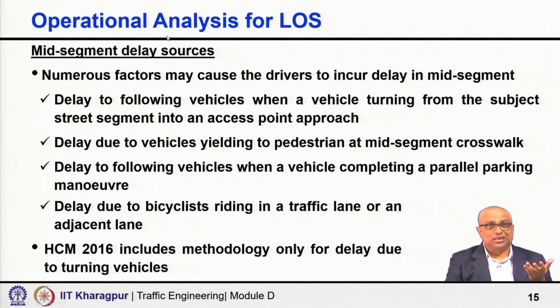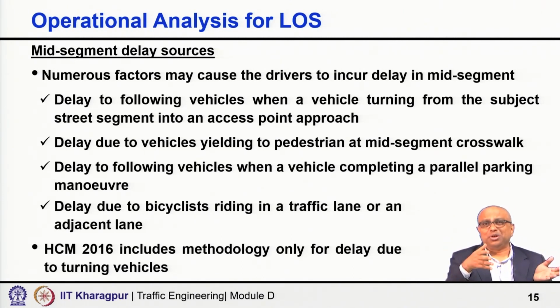Now, there are other mid segment delay sources. So, numerous factors may cause drivers to incur delay at the mid segment. For example, the delay may be for the following vehicles when a vehicle is turning from the subject segment into an access point approach. It may be a left turn, it may be a right turn, the effects may be different.